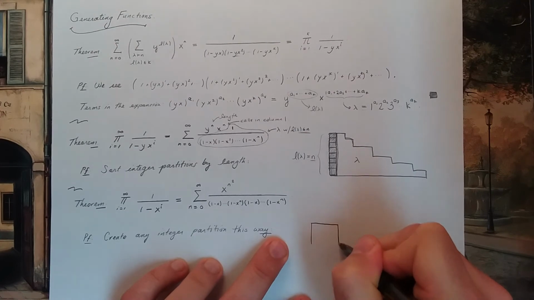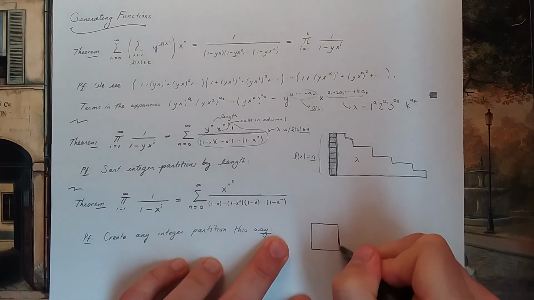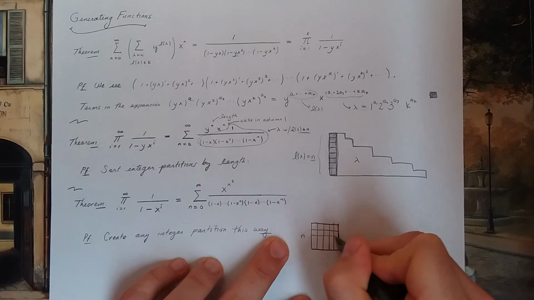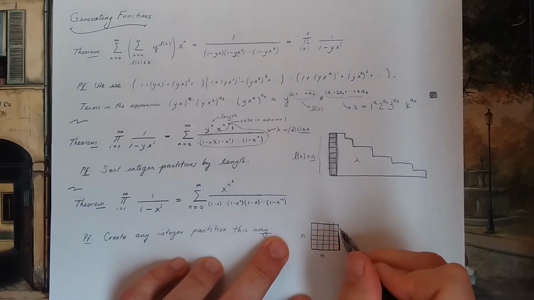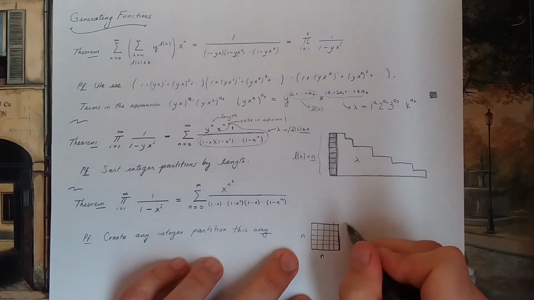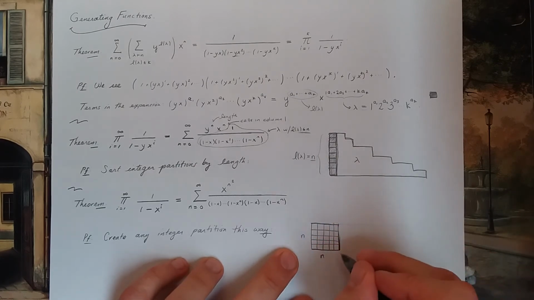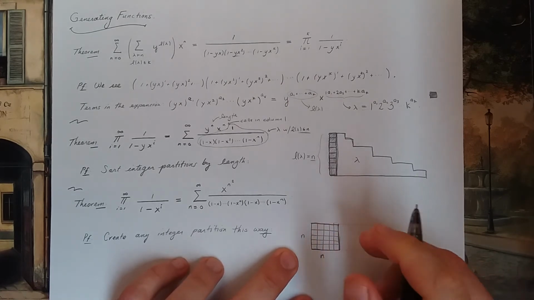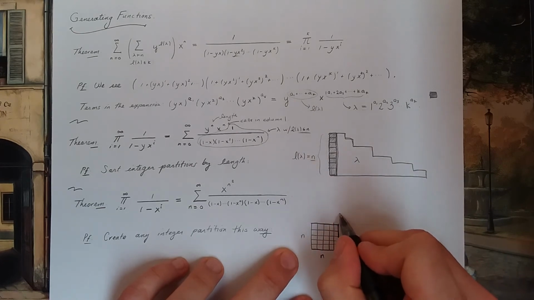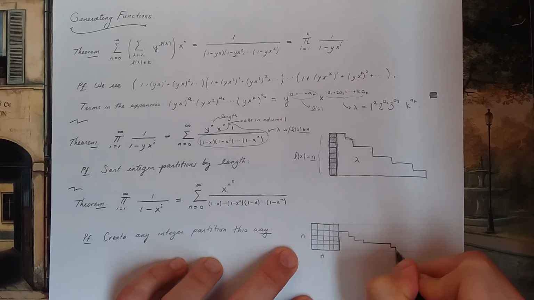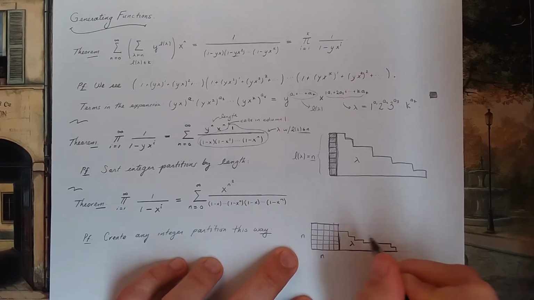First, I'm going to create an integer partition by drawing a square of side n. So this is going to be an n by n square. After you draw this n by n square, to the right of the square, so in this region here, draw any integer partition you want, as long as the height is less than or equal to n. So you don't want the height to be taller than the height of the square. So draw any integer partition you want like that. Let's call that integer partition lambda.